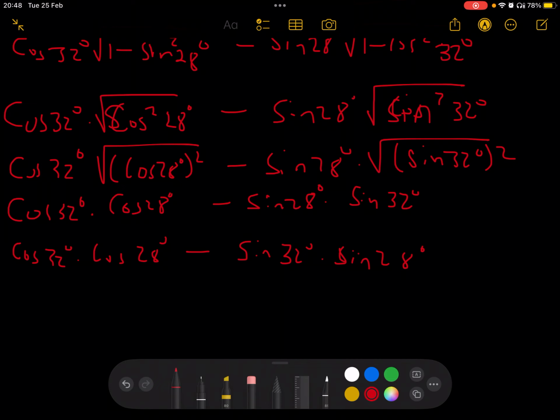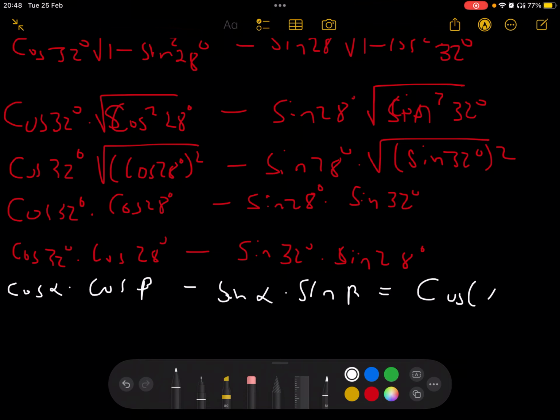And this comes from when we have the cos of alpha, cos of beta minus sine of alpha, sine of beta, which comes from cos of alpha plus beta.